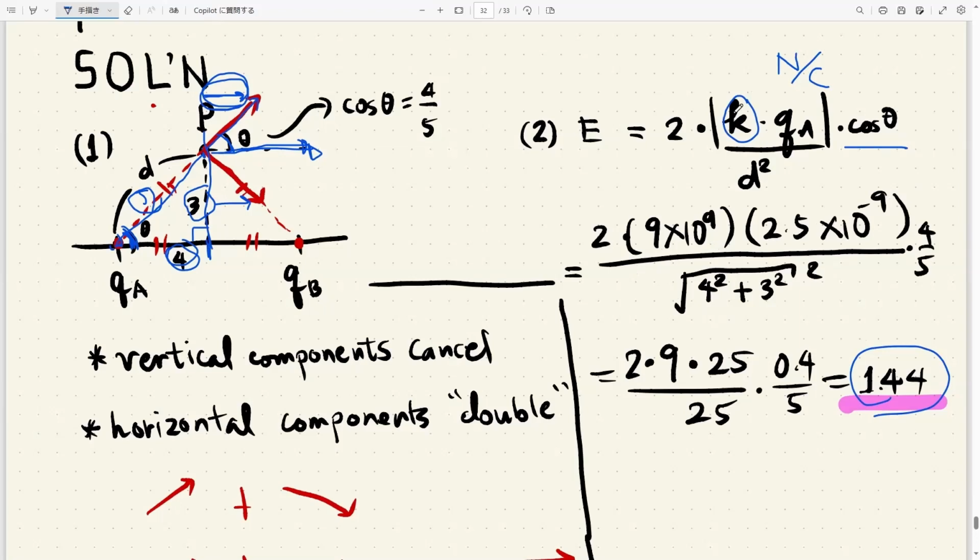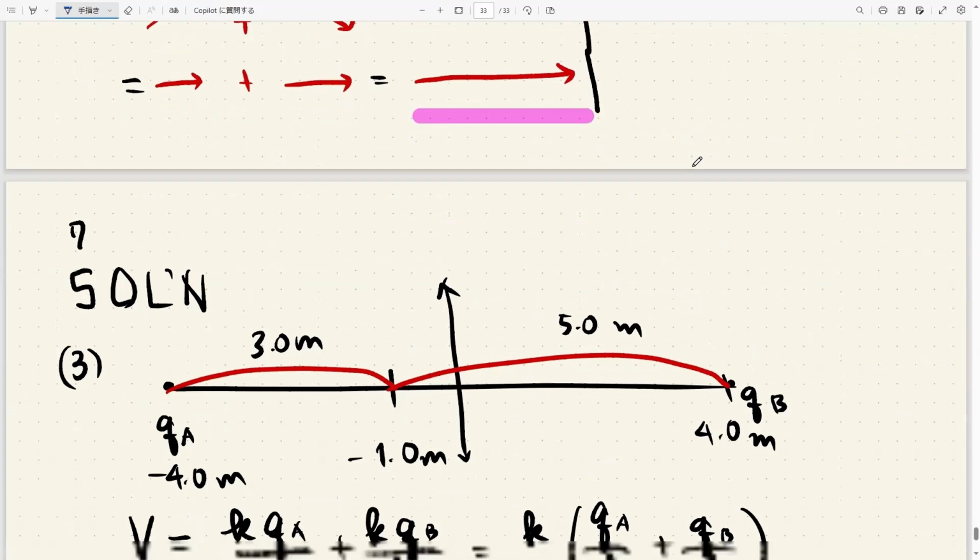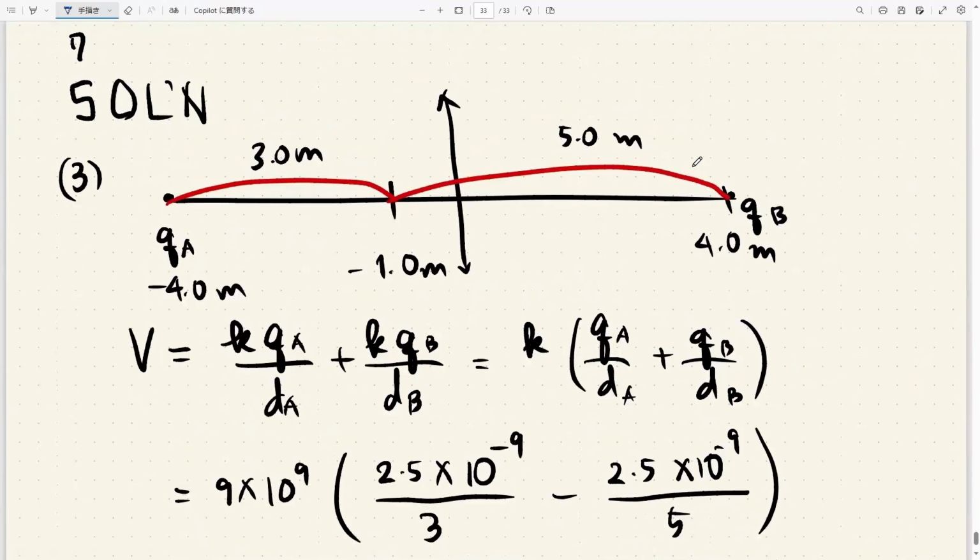Okay, now, so we now look at the third problem. Third problem, so let's redraw it here. This is Q here. Q is closer to A than to B. But what we're looking for is the total electric potential. Now, to do that, you just sum the electric potential due to QA and the electric potential due to QB.